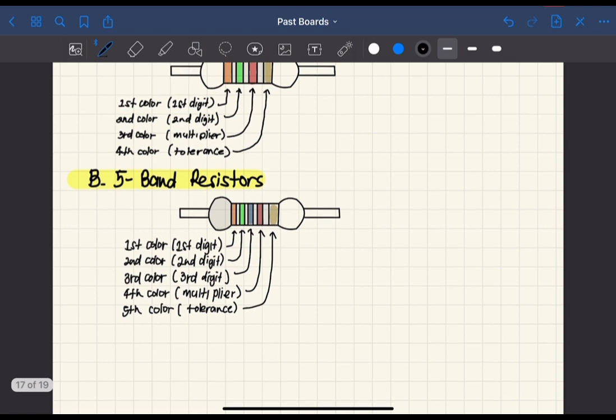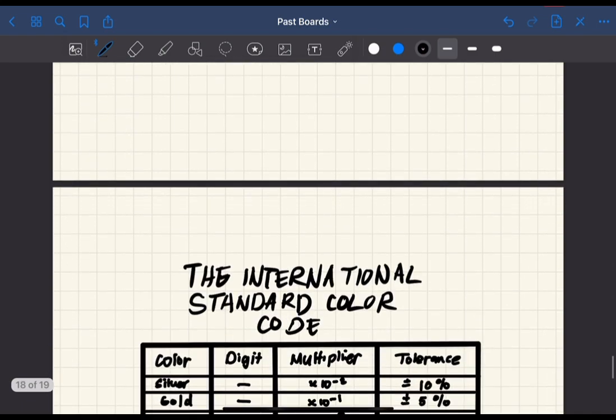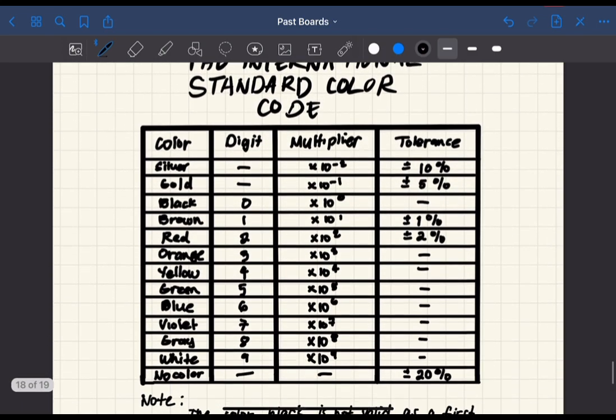So there is a table for these colors that will tell you the value of each color. This is the international standard color code.